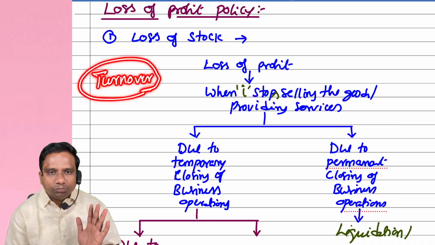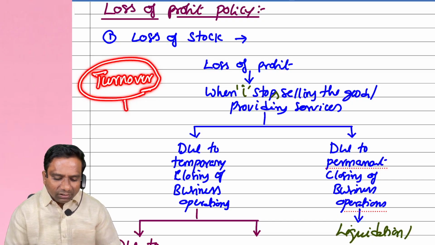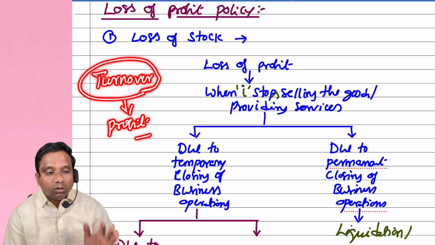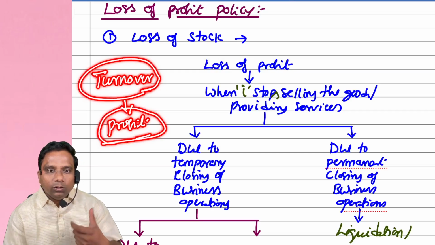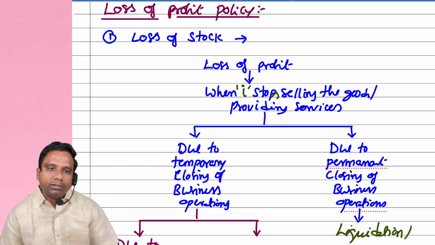They will sell goods or provide services, which means they generate turnover. When they generate turnover, on that we earn some profit. Now the concept comes: loss of profit means whatever profit I am going to lose on my turnover, that is nothing but loss of profit.